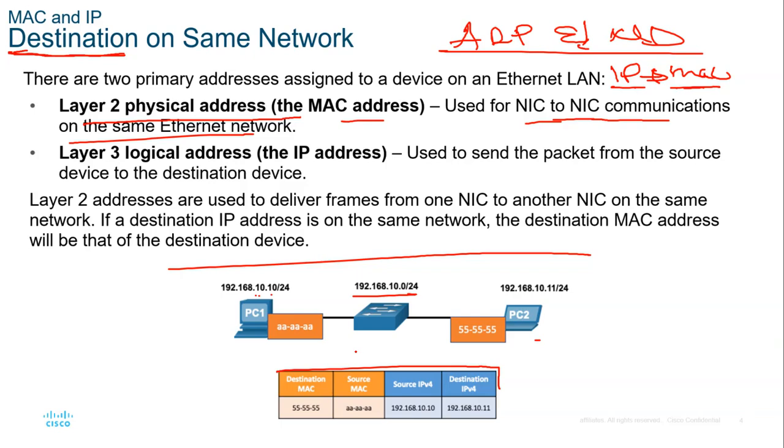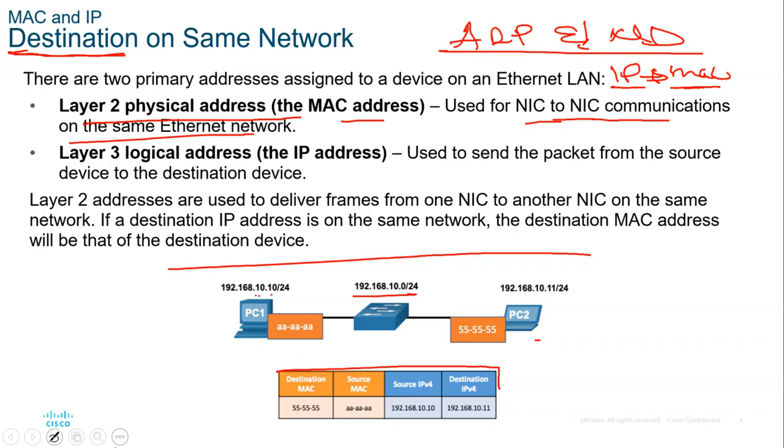But if it's on a different network, then every time a layer 3 device receives a frame, the MAC addresses within the received frame are going to be replaced.